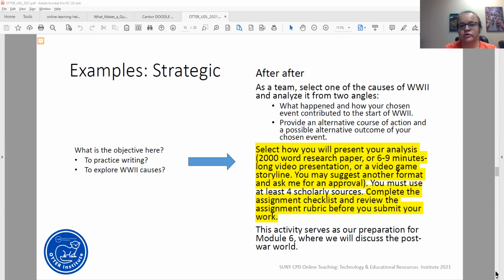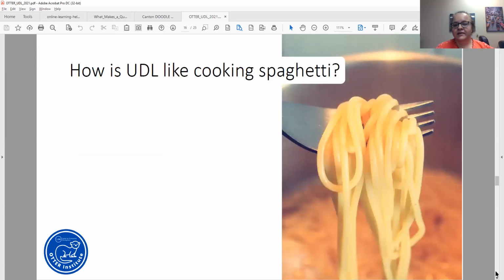All right, I'm going to move forward. And I am a foodie person, so I'm going to talk a little bit about how UDL is like cooking spaghetti. So if you cook spaghetti, you put spaghetti in boiling water and you cook it until it's done. Now we are in the done stage. What are you going to do?